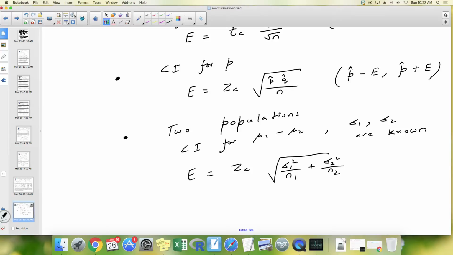But we shall cover this. We shall try to cover this as much as we can in the next class. So the confidence interval is x1 bar minus x2 bar minus E comma x1 bar minus x2 bar plus E.